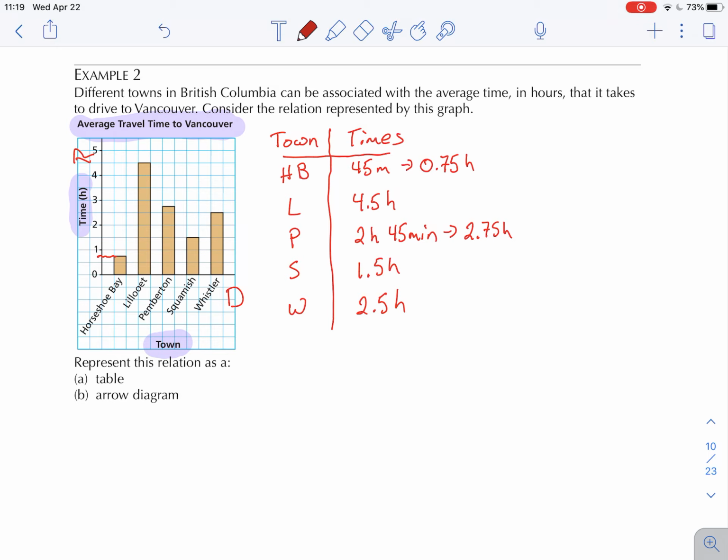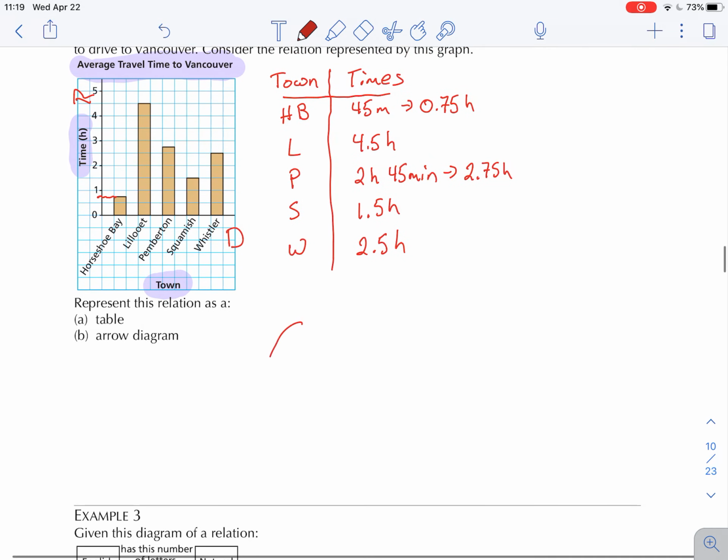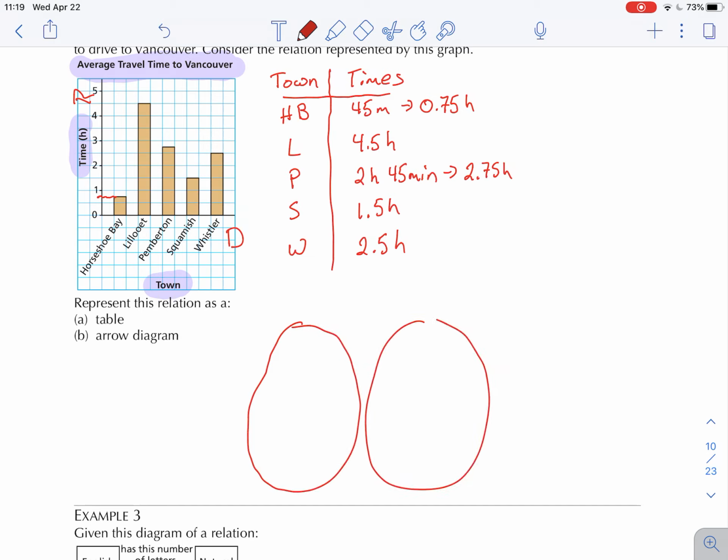So this is 0.75 of an hour, and this one is 2.75 hours. That way they're just all the same. So there's our table of values for this relation of a town and how long it takes to get from that town to Vancouver. Now we're going to represent this as an arrow diagram.